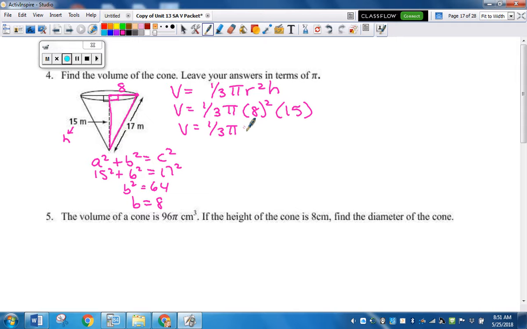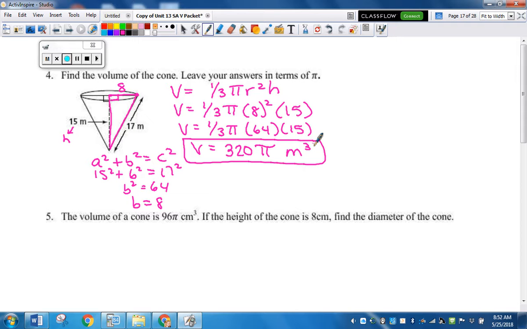So I'm going to put in my calculator 64 times 15 divided by 3, or multiplied by 1/3. And that should give me 320 pi meters cubed. That should be my final answer for that one.